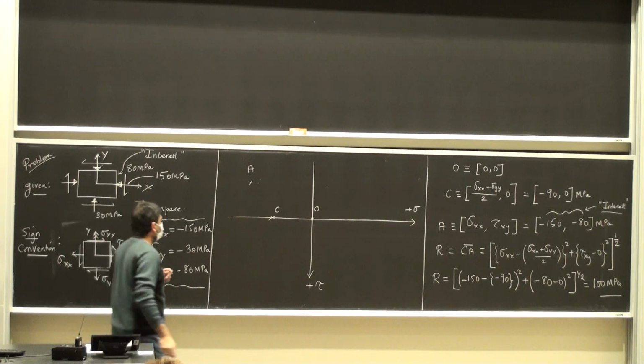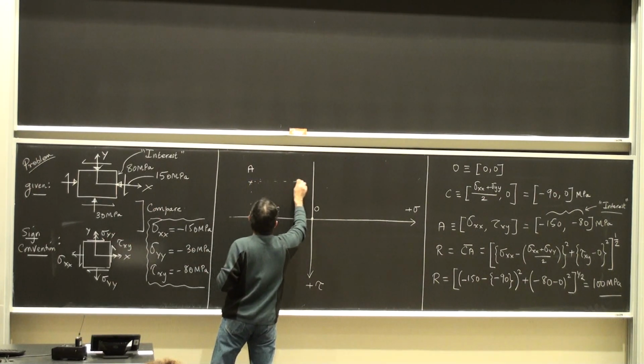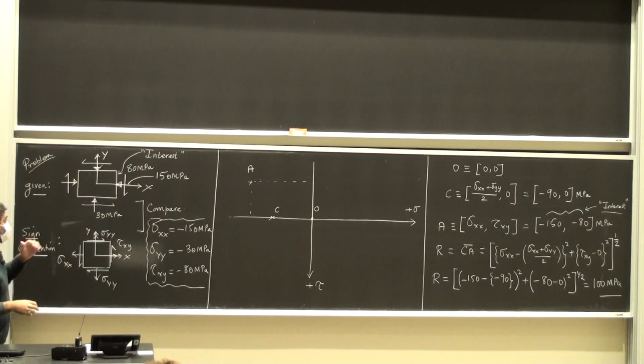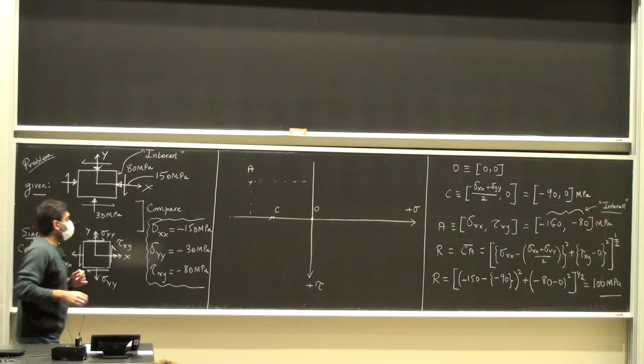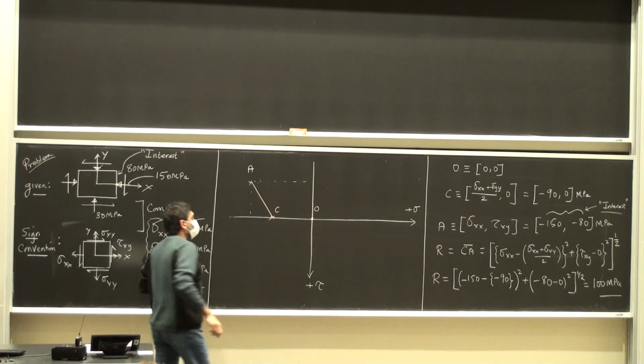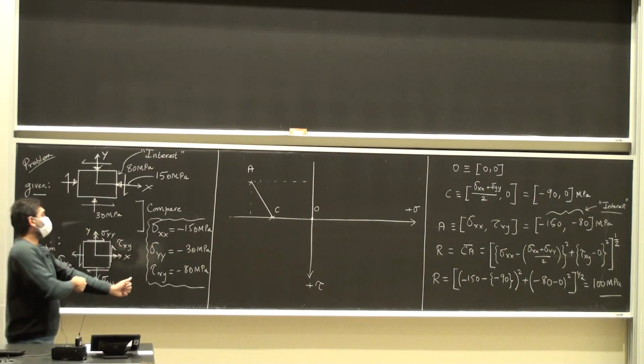You can mark it, but the figure might get a little corrupted, so I'm not going to mark it, but this is point A, this is point C. Draw a line. This is going to be the radius of the circle. Using that as a radius, draw a circle.